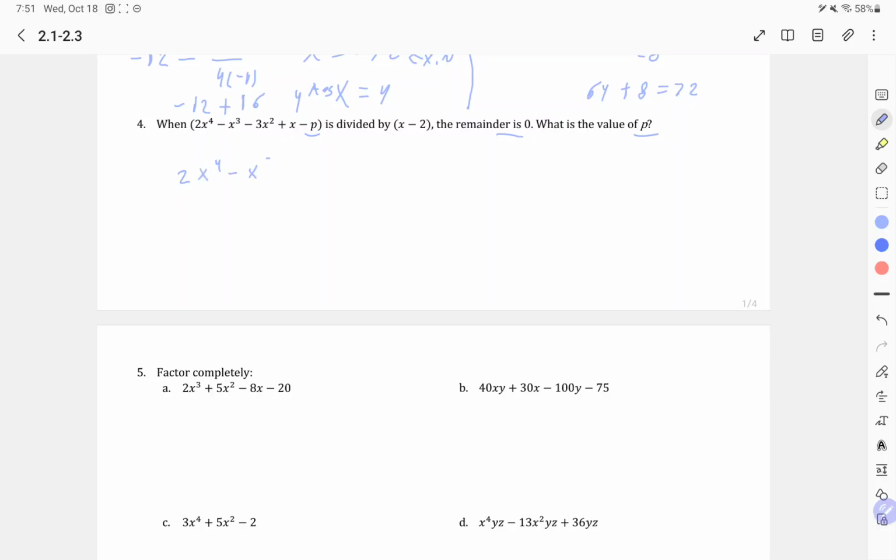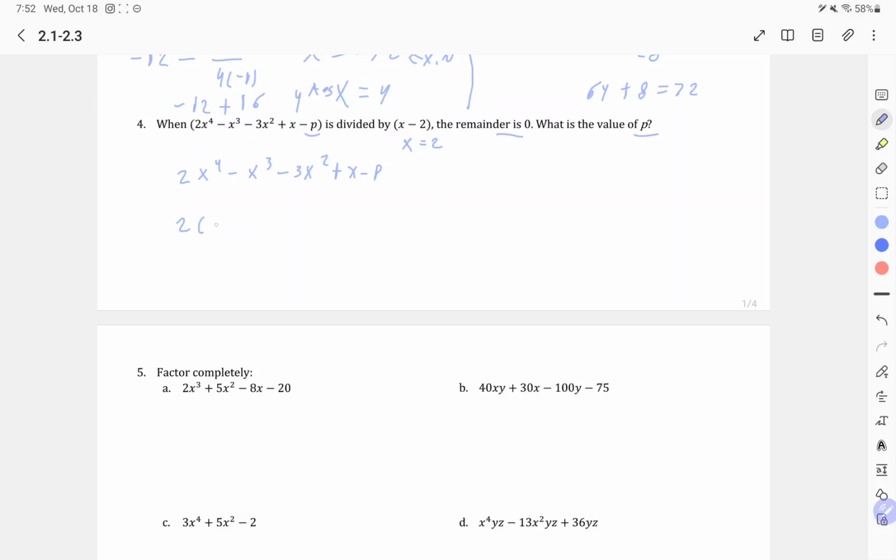2x to the power of 4 minus x to the power of 3 minus 3x squared plus x minus p. Essentially, what you have to do here is write the x value for this. So x minus 2 is actually x equals 2. So now with this information, you're going to plug the x value into all of these x's.